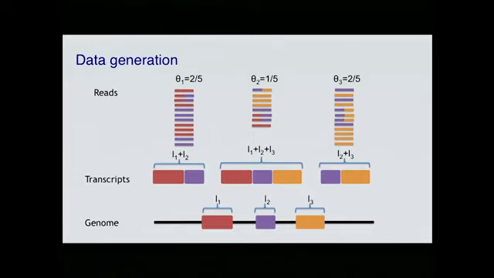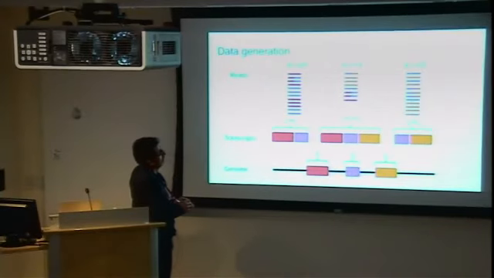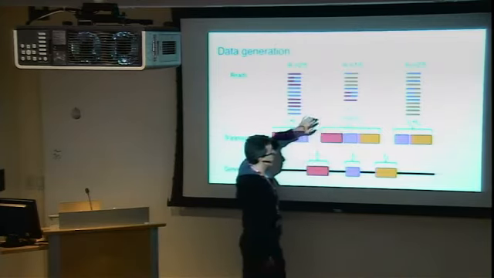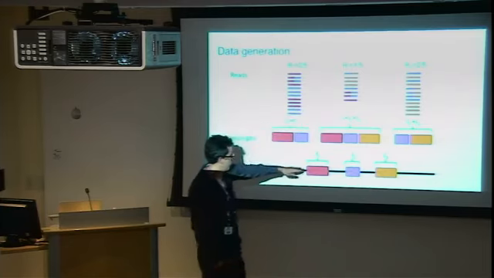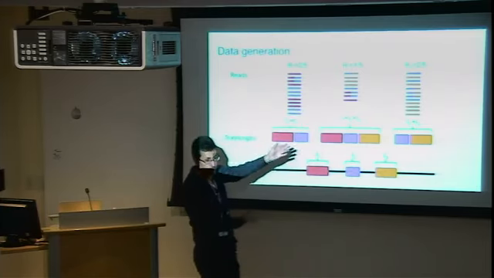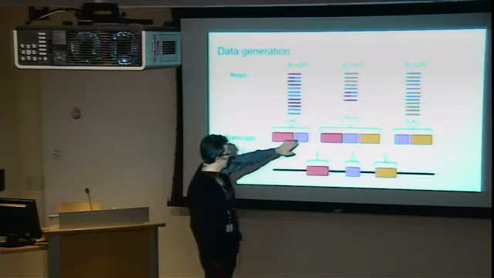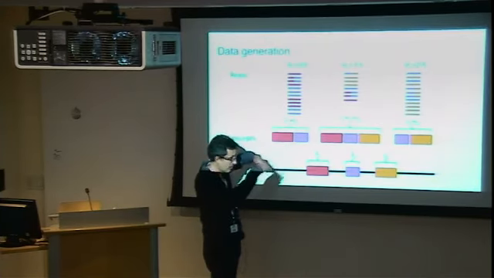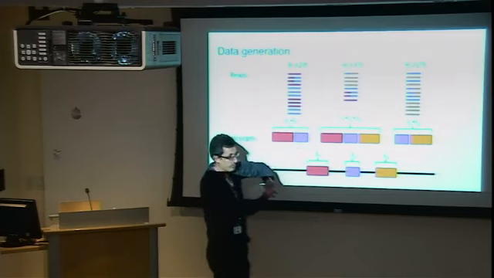The statistical task now is to try to estimate these proportions. In this cartoon you had 3 transcripts. There could be more, but in this one I just showed 3, and they're expressed, and then we put it through the machine.